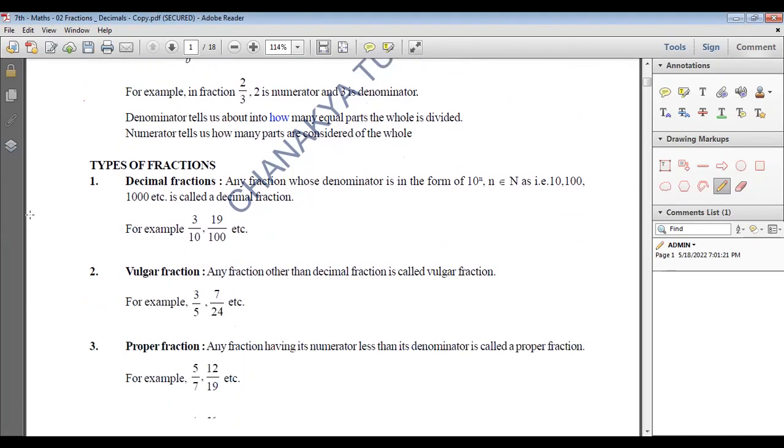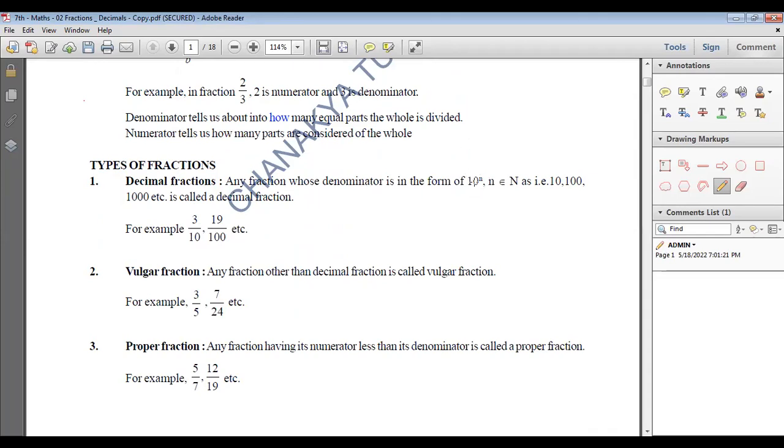Coming to the different types of fractions: decimal fractions. Decimal fractions are those whose denominator is a power of 10, that is, 10 to the power n in exponential notation.